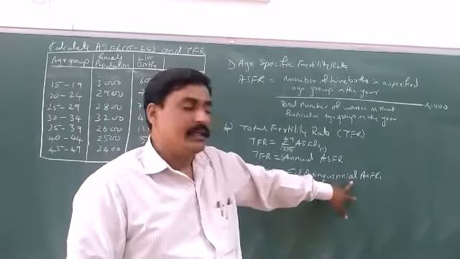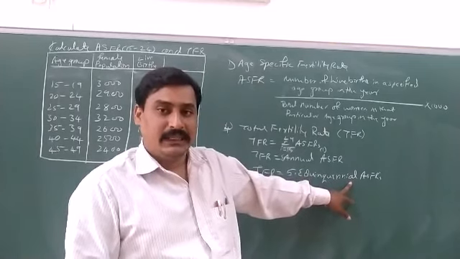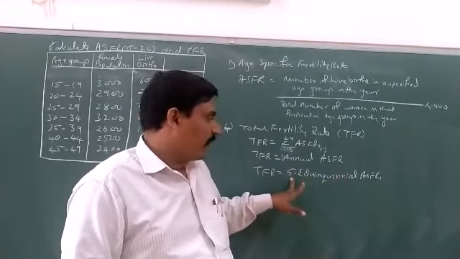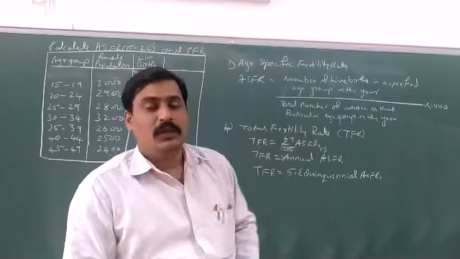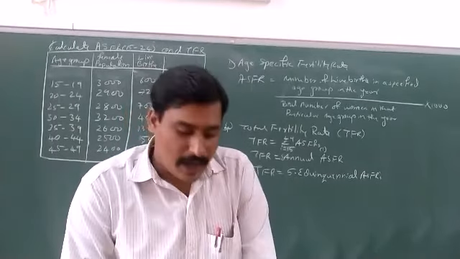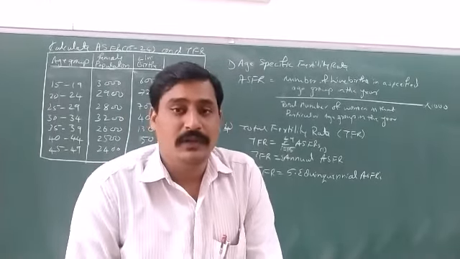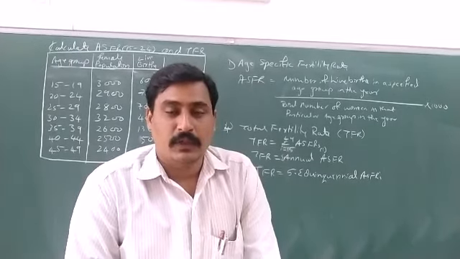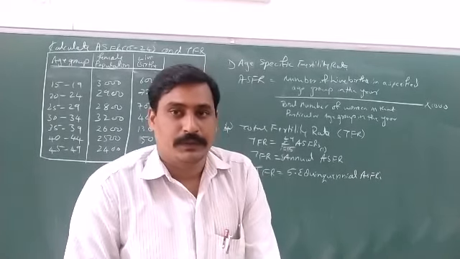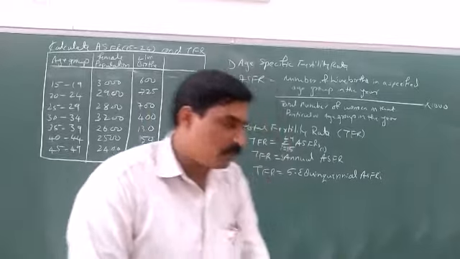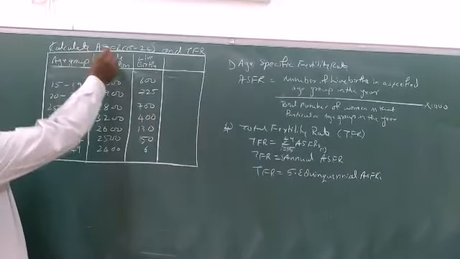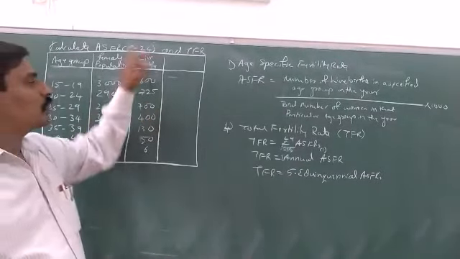For that we calculate ASFRs, and by taking the total we multiply it by 5. Then we get the total fertility rate. And ASFR we can calculate for individual ages and also for particular age groups. And now we have a problem here. Calculate ASFR for 15 to 24.